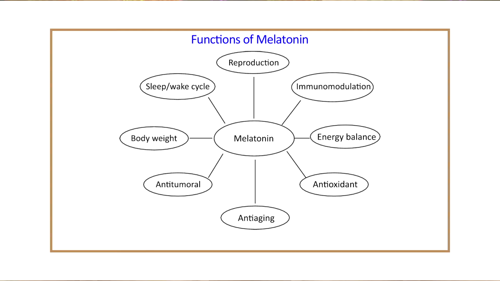The pineal gland exerts most of its effect on bodily systems through the secretion of its major hormone, melatonin. Melatonin increases the concentration of serotonin and catecholamines in different areas of the brain.